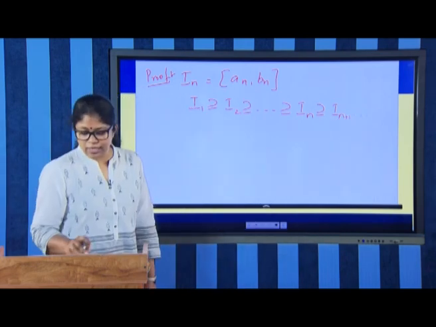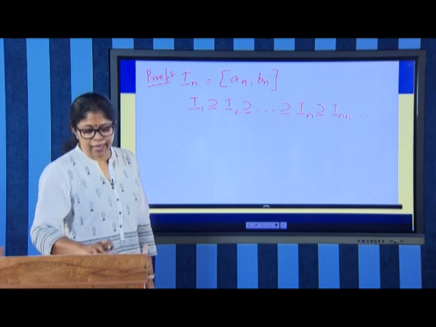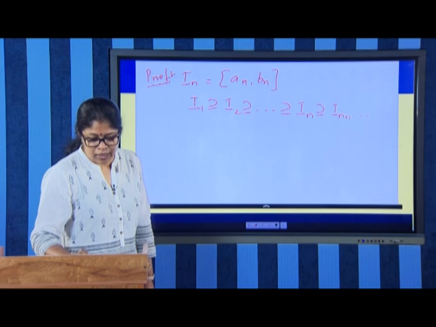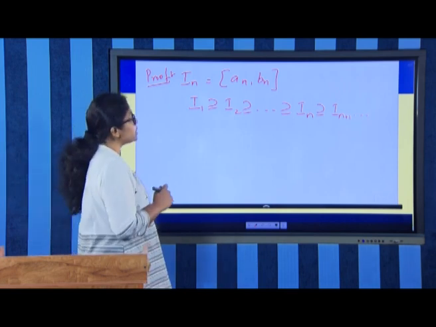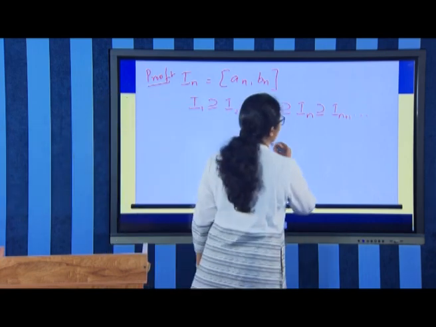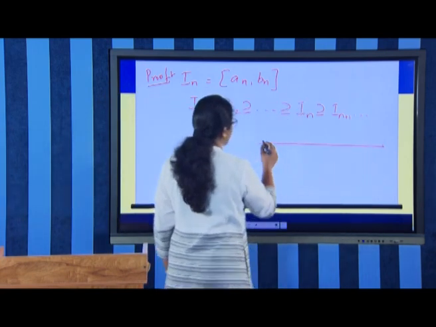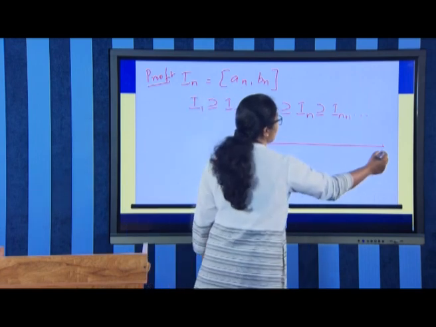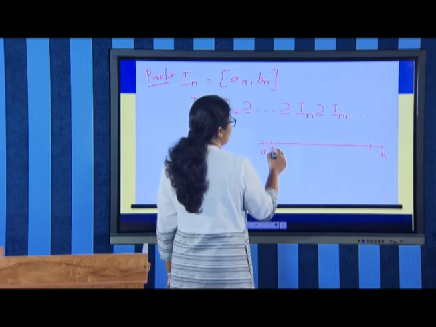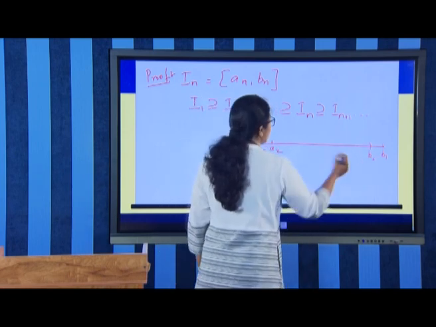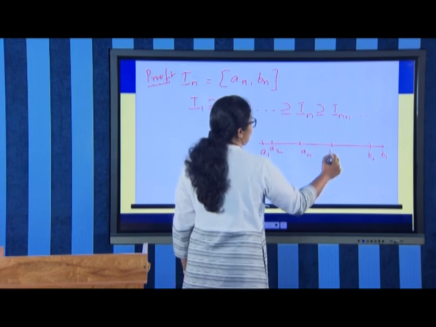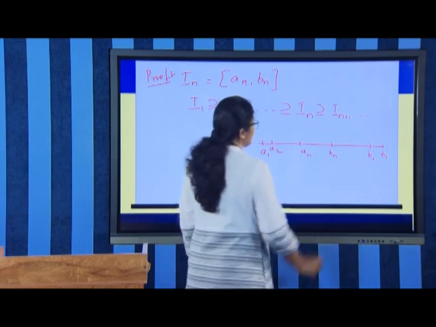This is the condition for a nested sequence of intervals. If we consider the geometrical viewpoint, as we have drawn previously, this is A1, this is B1, inside you have your A2, B2, and this goes on like this. Somewhere here is your An and Bn, and so on.